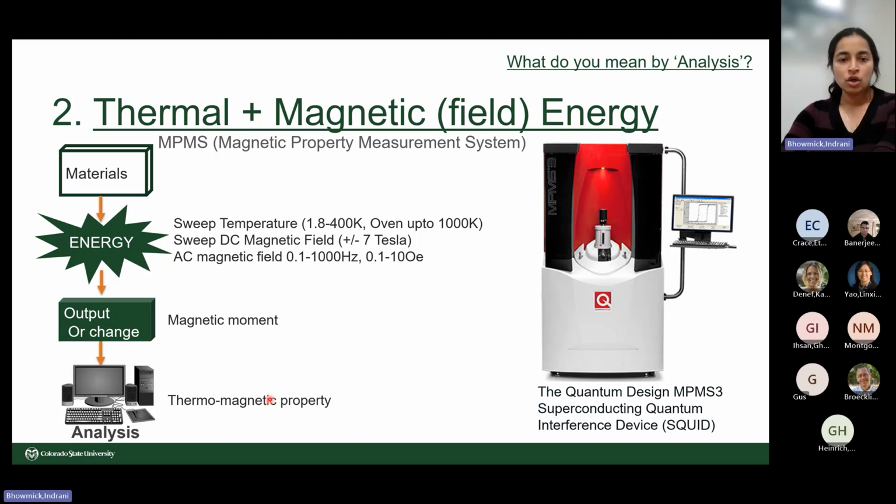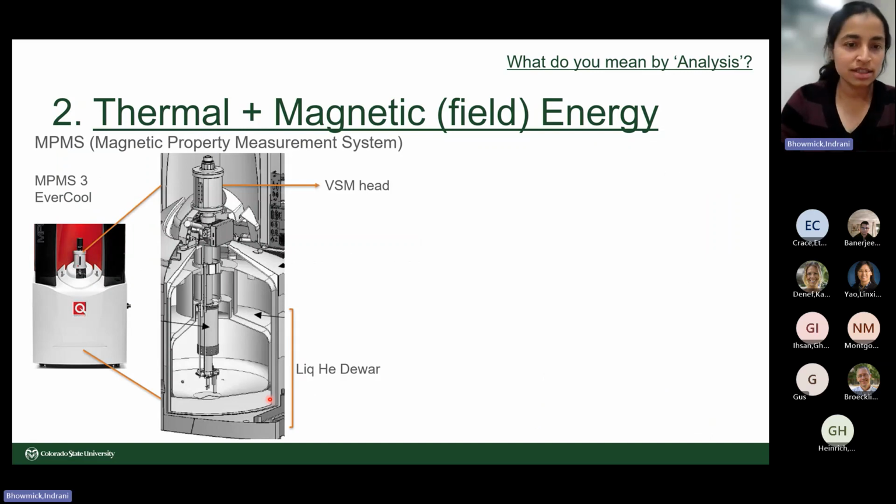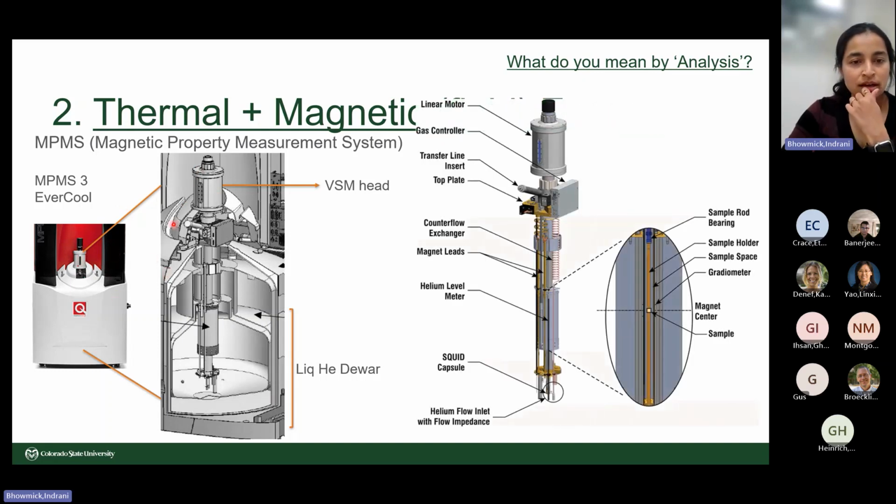So I'll show you how the system works inside, in a very simple way. This is the VSM head, which stands for vibrating sample magnetometer. On this head, there is a little window where you can see where your sample is located, through the rod passing through this whole chamber.